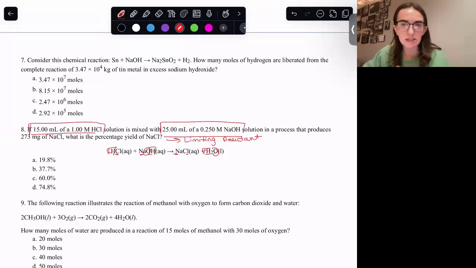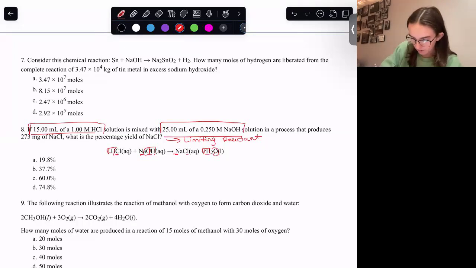So that means that we just need to compare our number of moles for the HCl and for the sodium hydroxide. How do we get to moles from volume and concentration? Perfect. Yep. So molarity is moles over liter.